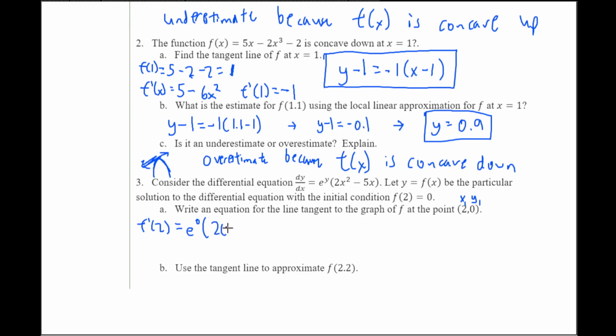So e to the 0, anything to the 0 power is just 1, times parentheses 2 times 2 squared minus 5 times 2. 2 times 2 squared is 8, minus 10. So f prime of 2 is negative 2. Now we can get the equation of the tangent line. Y minus 0 is equal to our slope, negative 2, times parentheses x minus 2.